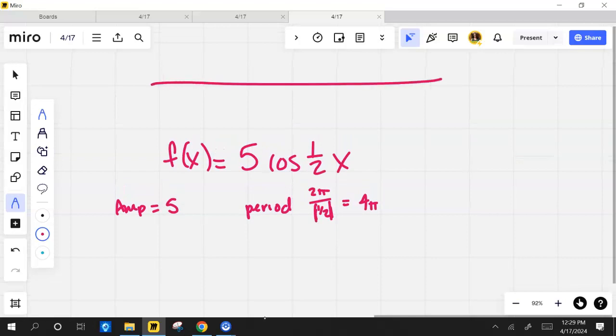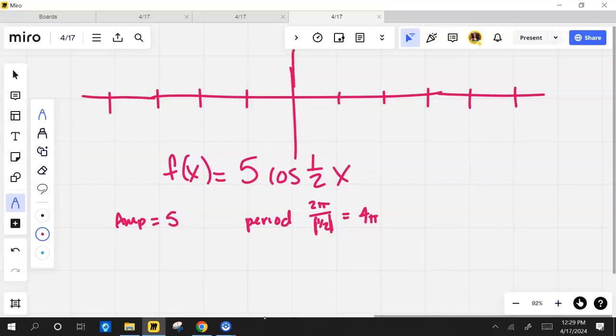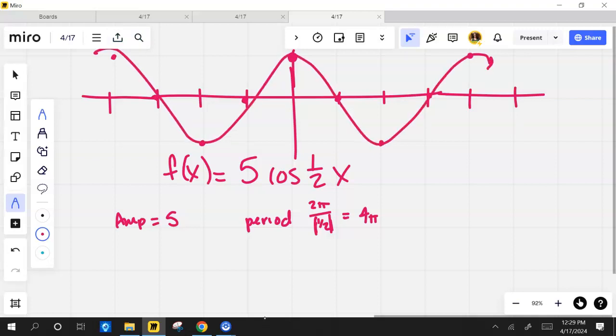Let me just sketch up here so you see. Cosine, remember, starts at 1 instead of 0, right? And it goes down and up. All right, so this is my cosine graph. We know how to adjust the amplitude, right? Amplitude is where we just stretch it up and down.